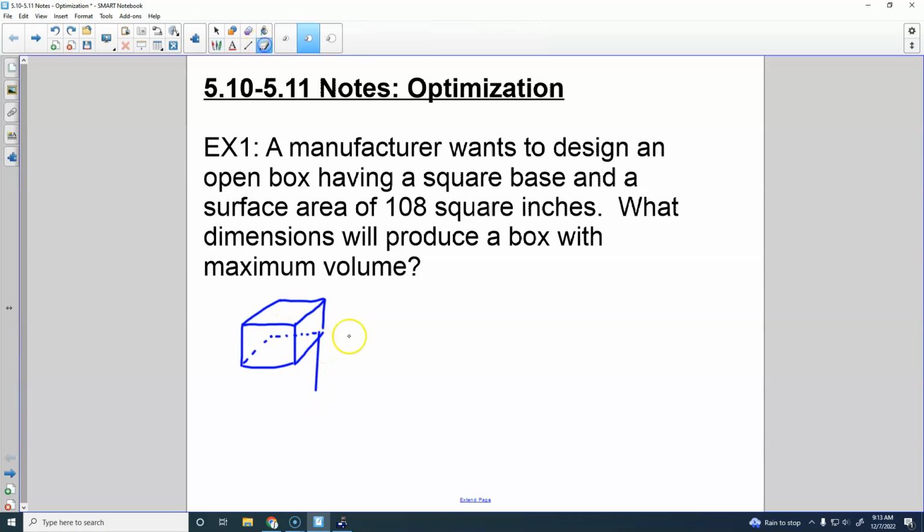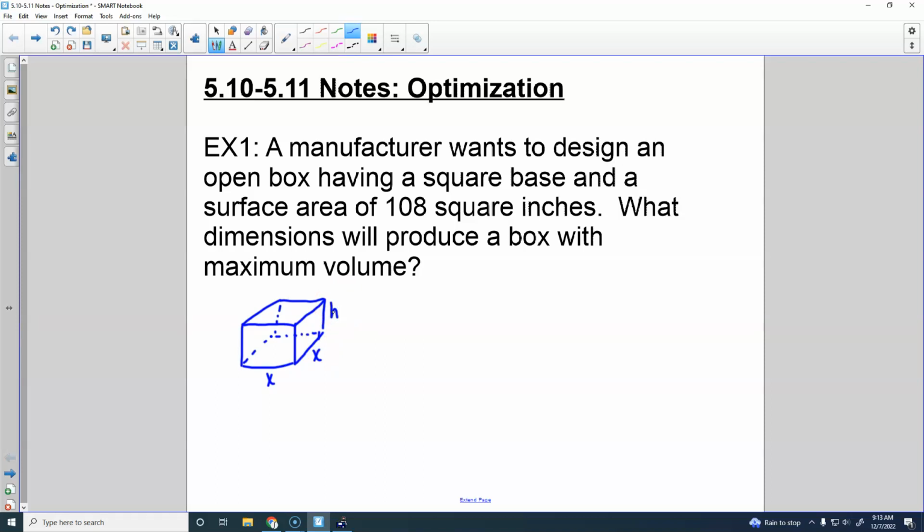Just drawing all these crazy lines. It's working against me here. And we would know both of these sides would have the same length if we've got a square base. So we'd have two sides here. I'm going to call them both x. I don't know the height for this one.